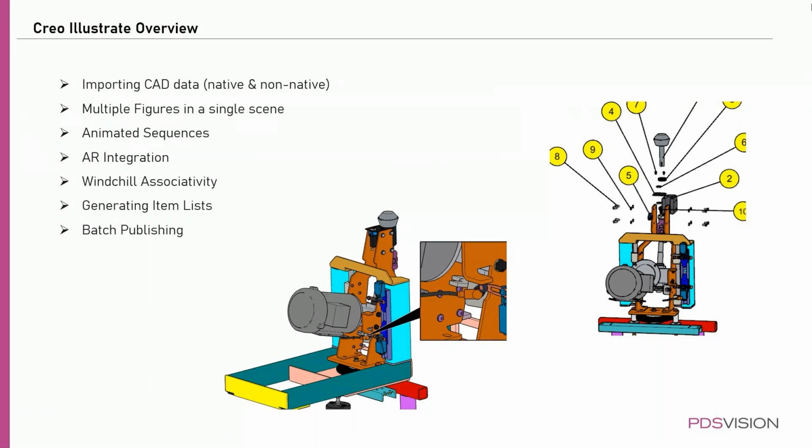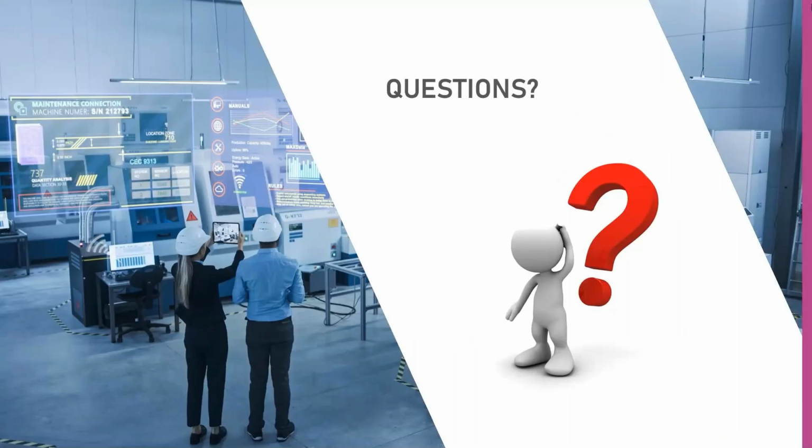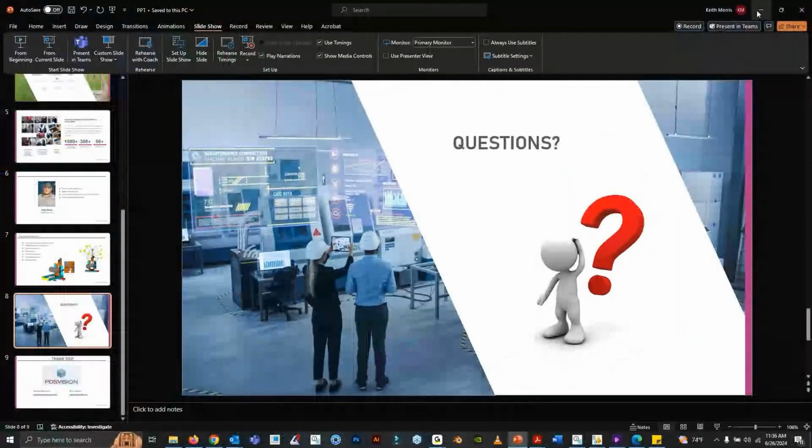Based on what I've seen in many companies and with several users I've helped along the way, these are huge focus areas of Creo Illustrate. So I just wanted to show some of this off today, and with that, I will get into the demo.